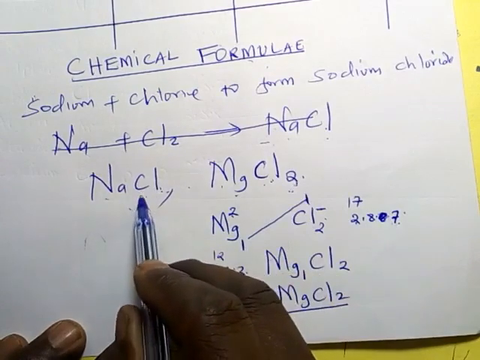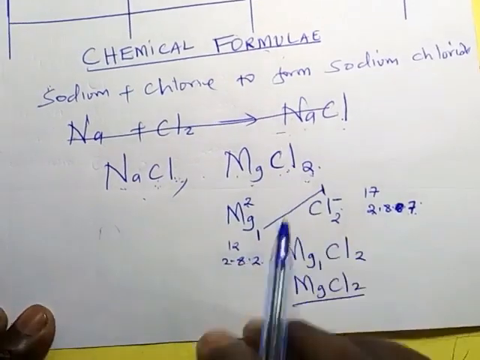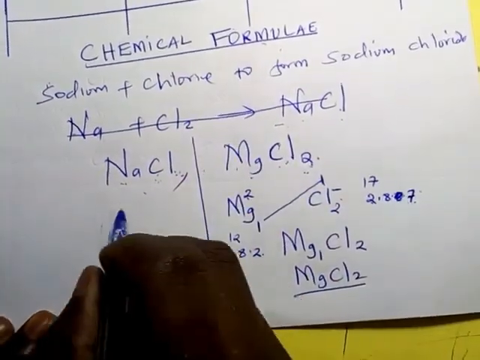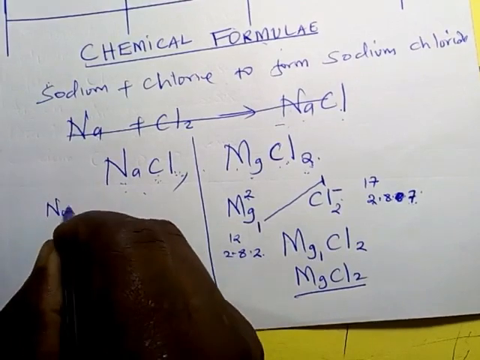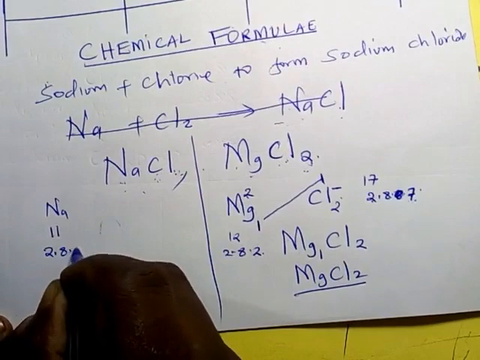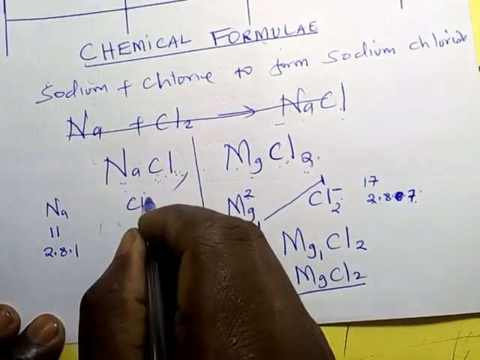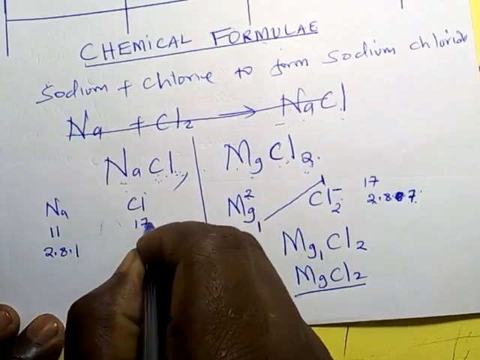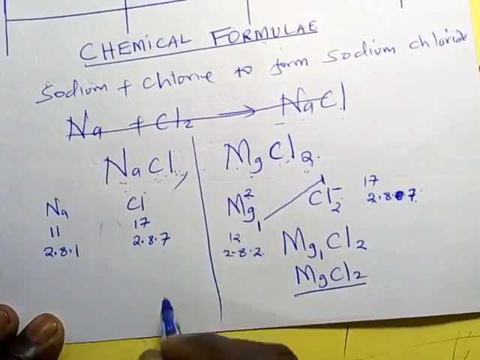So let us see why, for sodium chloride, there is no 2 here. Sodium is atomic number 11, electron configuration 2, 8, 1. Chlorine, we have said, is atomic number 17, electron configuration 2, 8, 7.